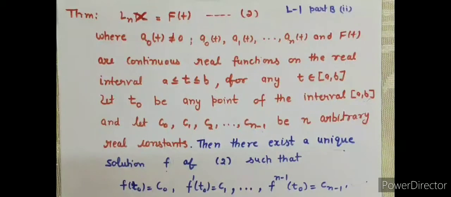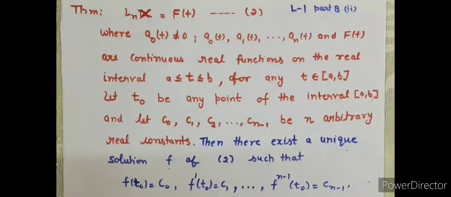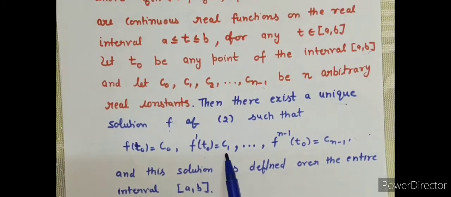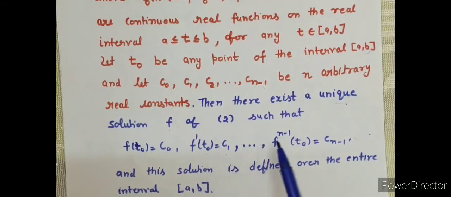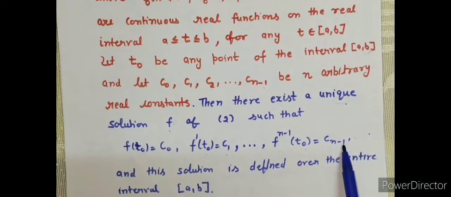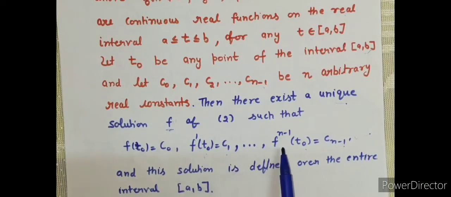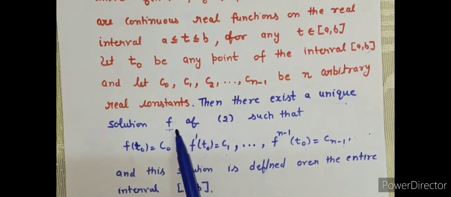The first condition is that the value of this function at t0 is equal to constant c0, and the derivative value of this function at point t0 is equal to c1, and so on. Similarly, the (n-1)th derivative at t0 is equal to c_(n-1). And this solution f is defined in the entire interval, and it is a unique solution.